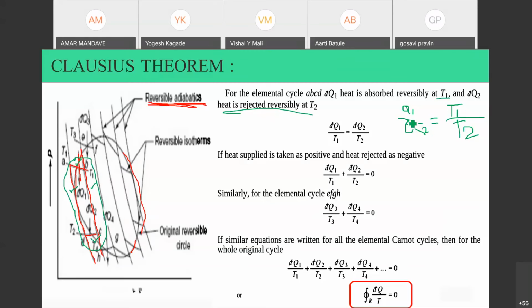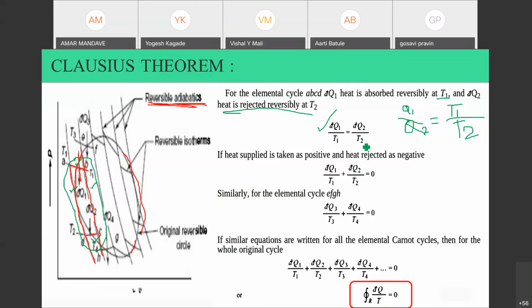That is the absolute thermodynamic temperature scale formula. We apply that formula to this first cycle and write dq1 upon dq2 is equal to T1 upon T2. Rearranging the terms, dq1 upon T1 is equal to dq2 upon T2.